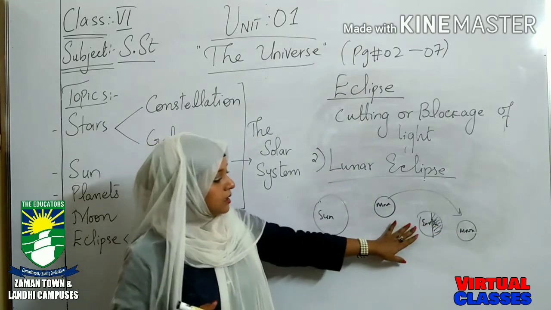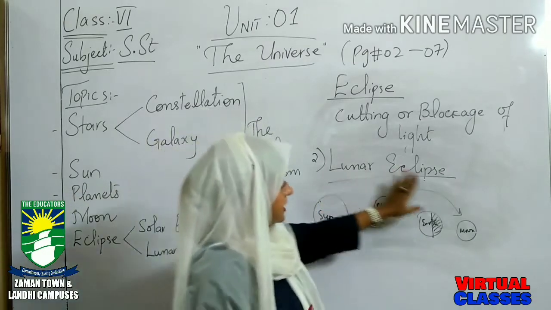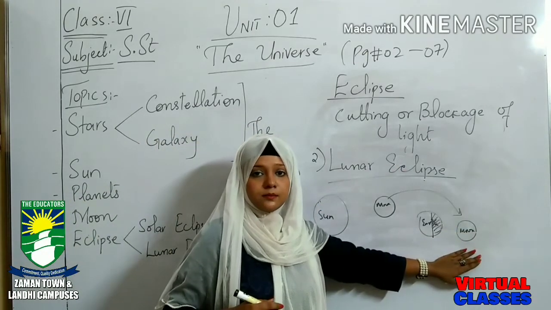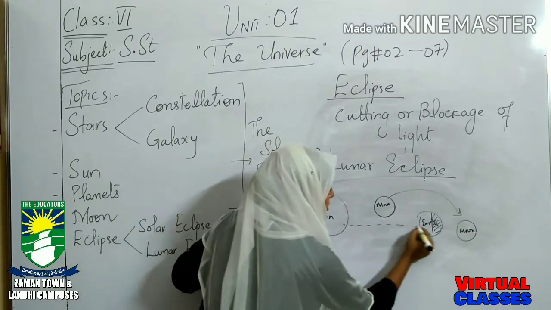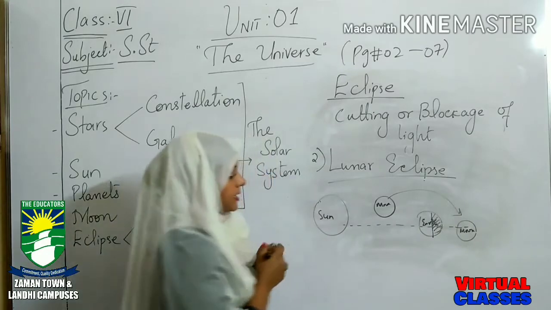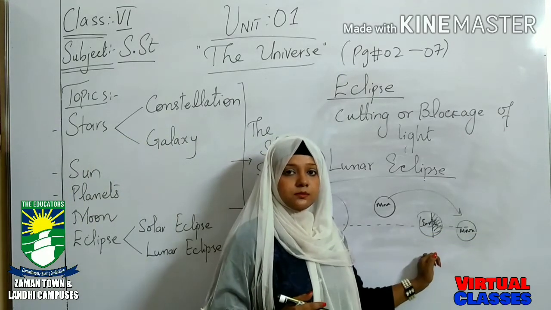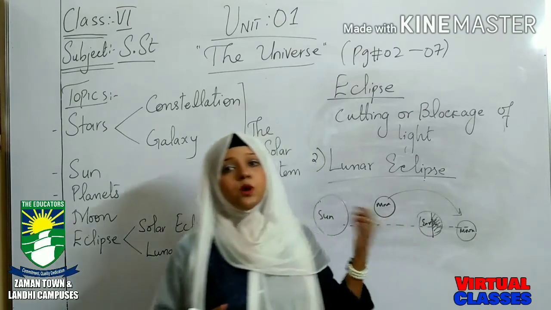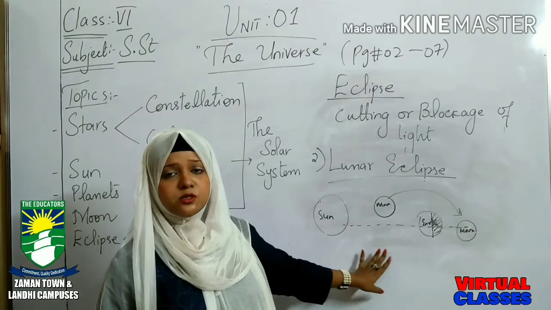In this way, the part of the earth which is facing the moon can see this eclipse very clearly. And during this eclipse, the sun, earth and the moon are lined up equally. It lasts for a few hours and it's safe to look at as it happens during the night.